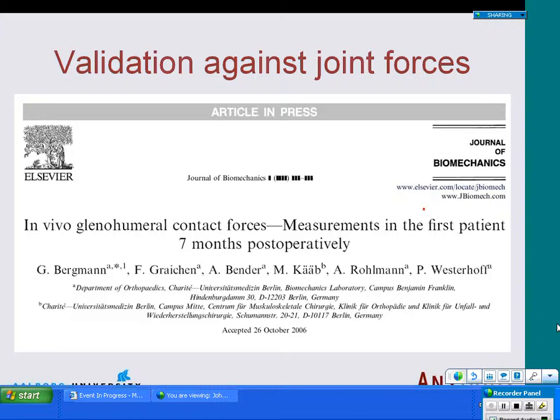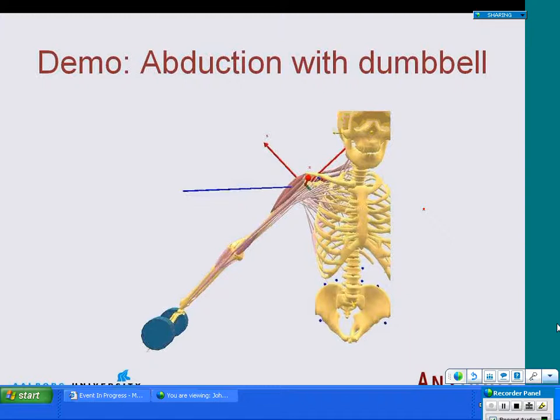So what is the behavior of our model compared to what can be observed in a real patient? And I will now show the model. The model looks like what you can see on this picture. This is as accurate a model of the experiment that Bergmann did as we have been able to do.